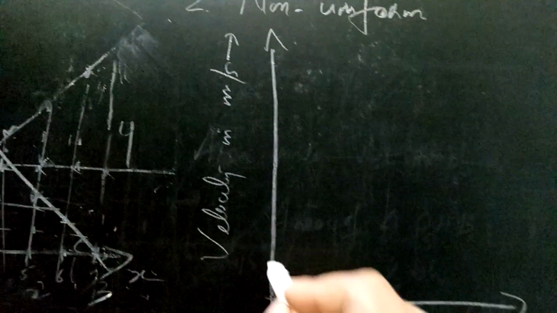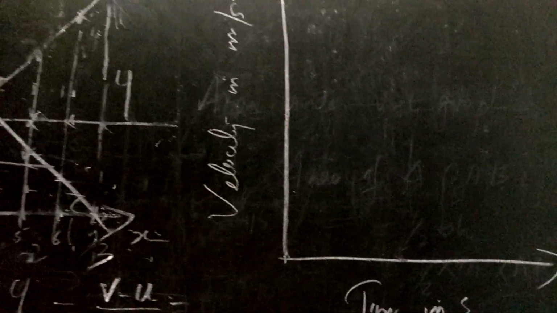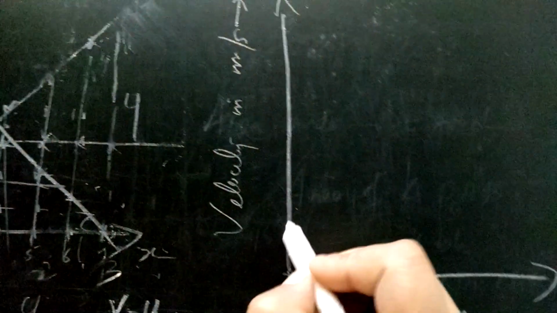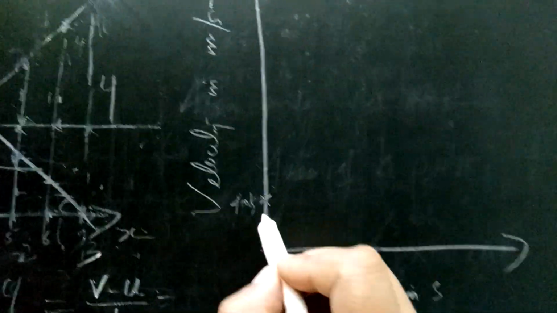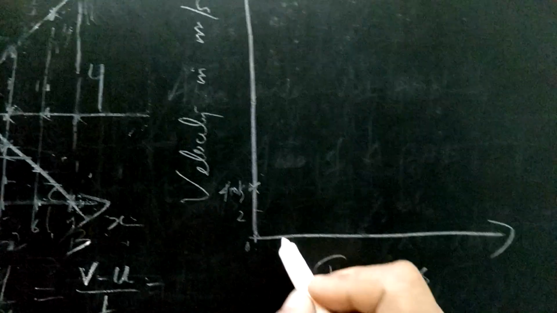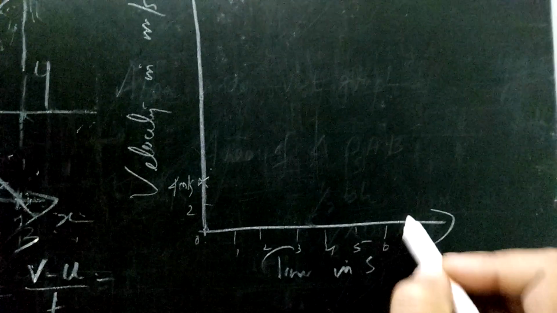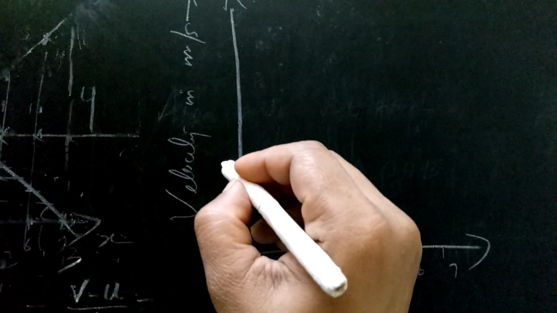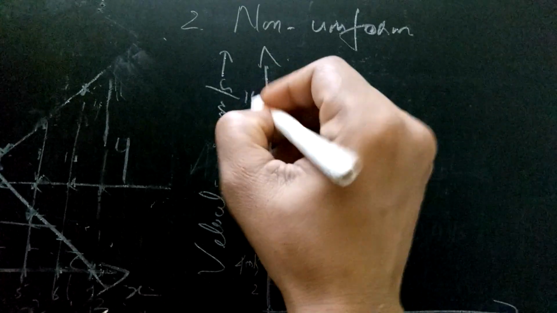When you observe an object, it has a certain velocity. Suppose this is 2, and 0, 1, 2, 3, 4, 5, 6, 7, likewise here 6, 8, 10, 12, 14.